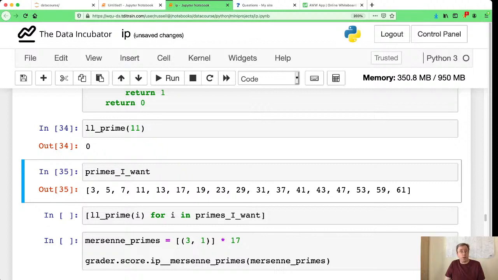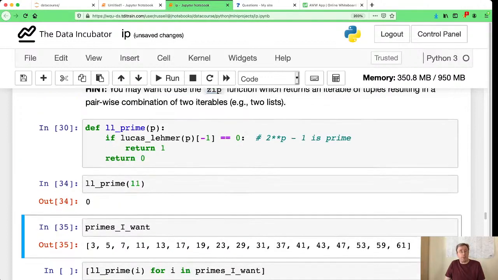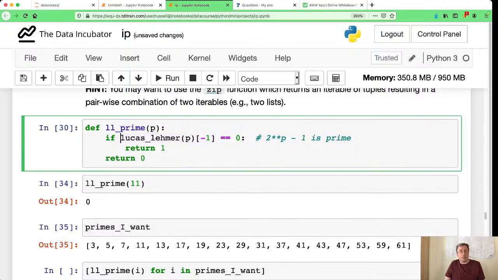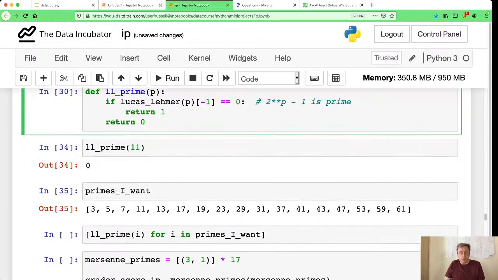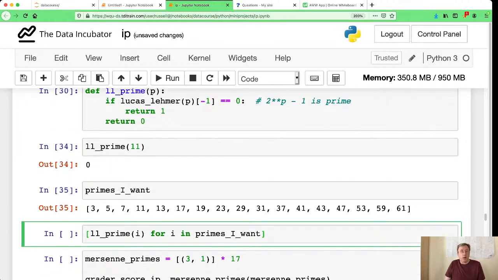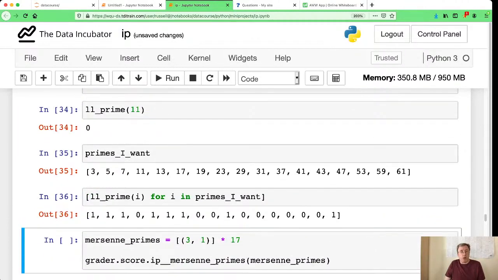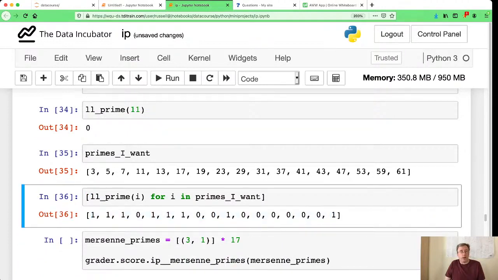Well, this is where we use this Lucas-Lehmer test. Right, we check, is the last element in this Lucas-Lehmer list equal to 0? If it is, it's a prime number. If it's not, then it's not a prime number. So I could check all of these things by iterating over the list of primes and performing this Lucas-Lehmer test.